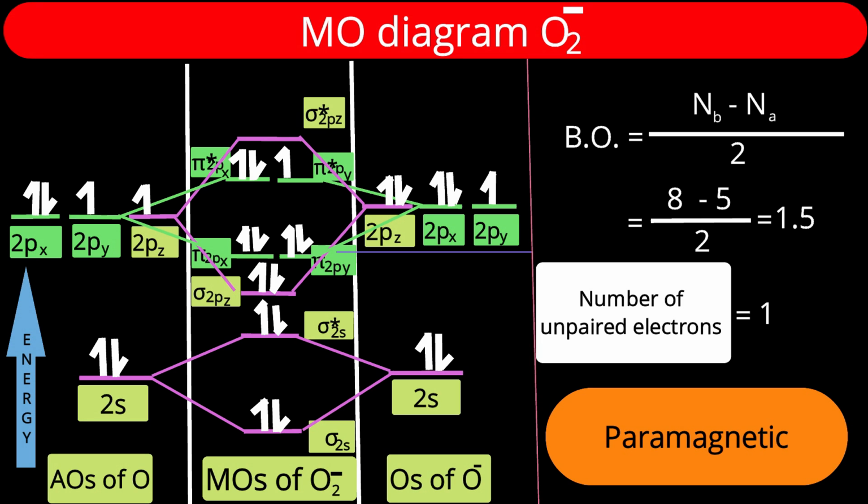Sigma symmetry means symmetric about the internuclear axis. If we rotate that orbital, there will not be any change in phase. 2px and 2py I say are pi symmetric because if we rotate those orbitals along the internuclear axis, then a phase change will occur during rotation. So they are not symmetric about the internuclear cylindrical axis, and we label them as pi.